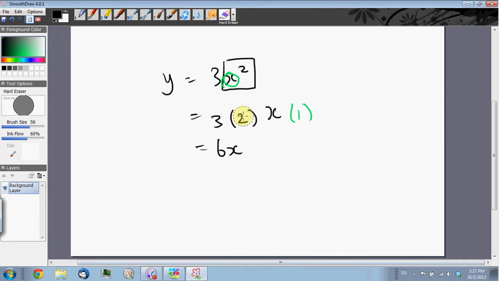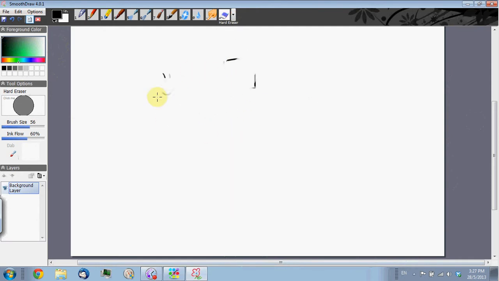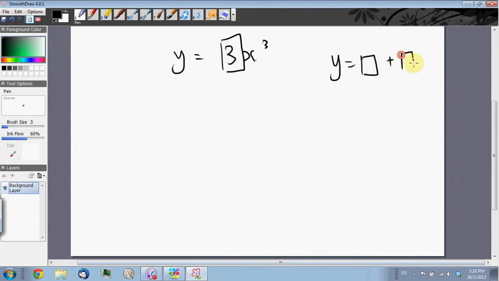Lastly, also for polynomials, note that, for example, if I have y equals 3x cubed in this case, remember when we did y equals something plus something, your dy/dx, you can differentiate this separately. You differentiate this plus you differentiate this, and everything you differentiated, you add up together, it equals dy/dx.